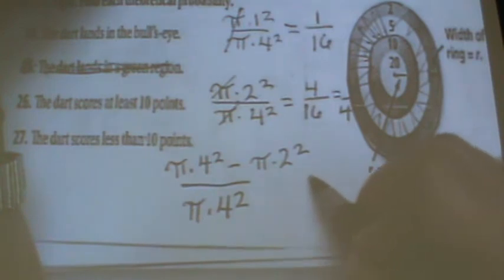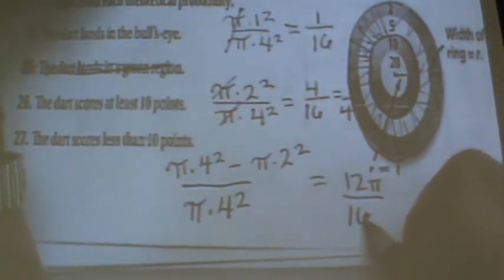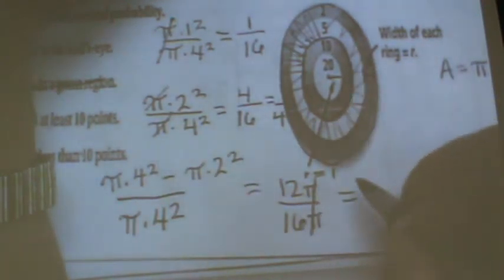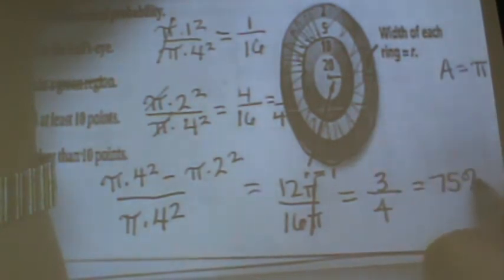This is 16 minus 4, so you've got 12 pi over 16 pi. The pi's cancel, and you've got 12/16. What number goes into 12 and 16? So 3/4. So 75%. Questions?